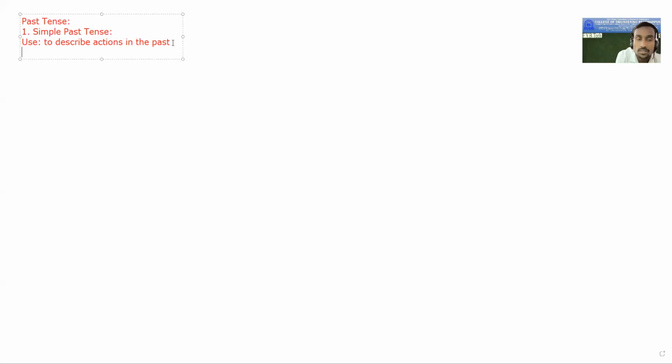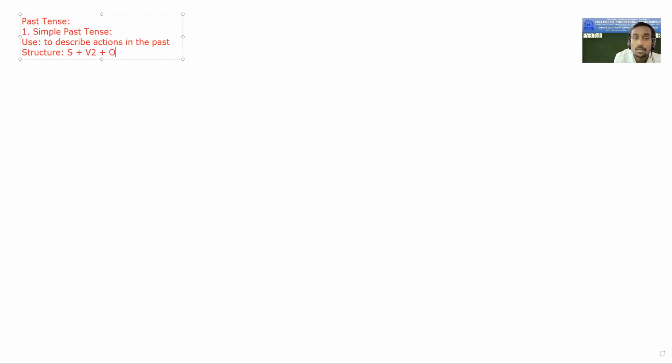After use, let's talk about what kind of structure we can use in simple past. You can help me if you know. First of all, there is the subject. After the subject, what can we use here? V2. Yes, the main verb, and that main verb is in past tense. You can call it V2, or you can call it past tense also.